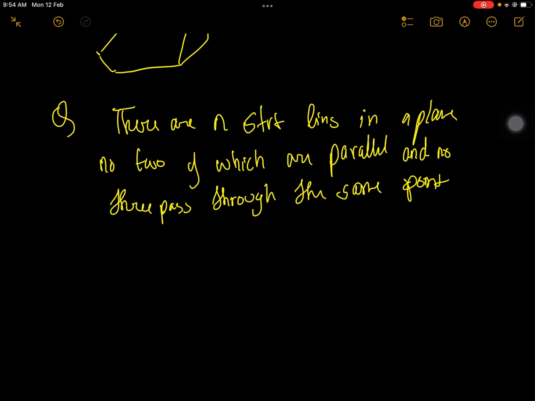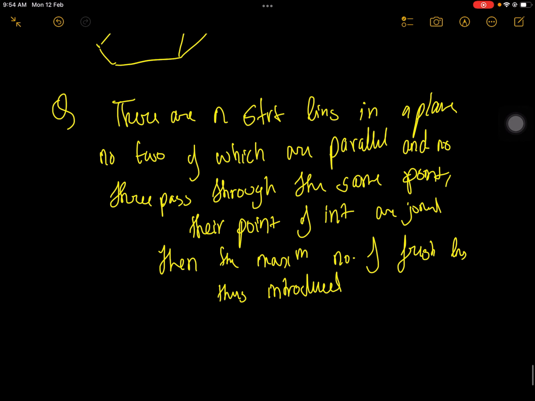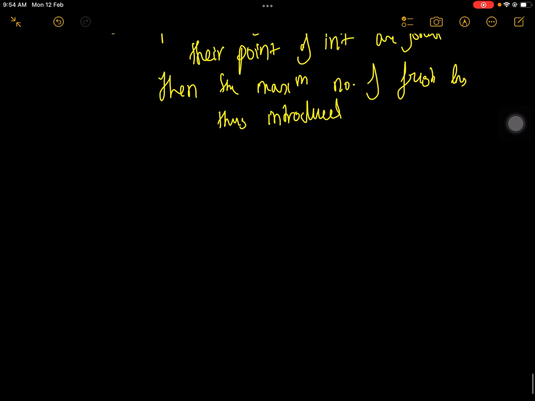The points of intersection or join them, then the maximum number of fresh lines thus introduced. Right.